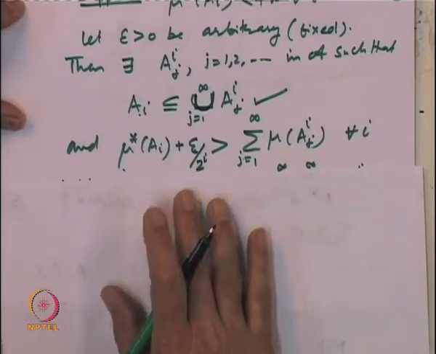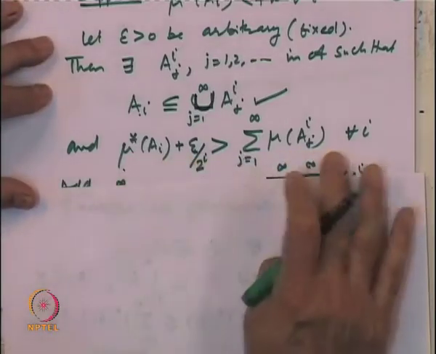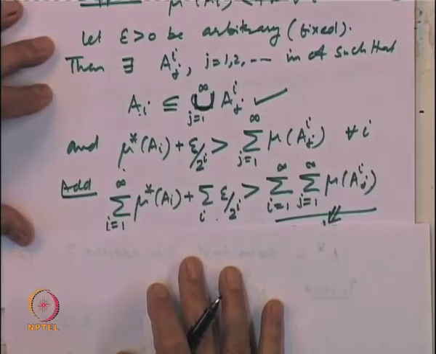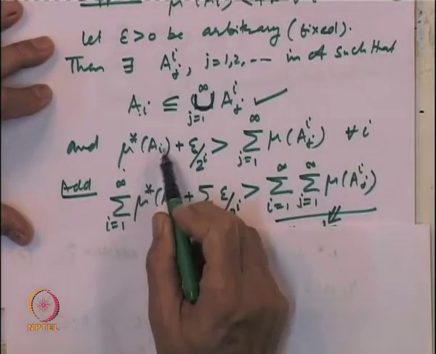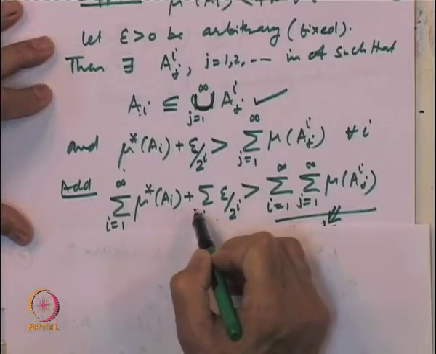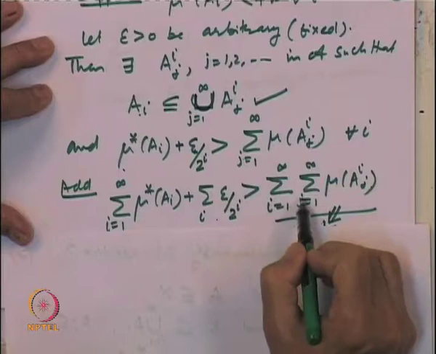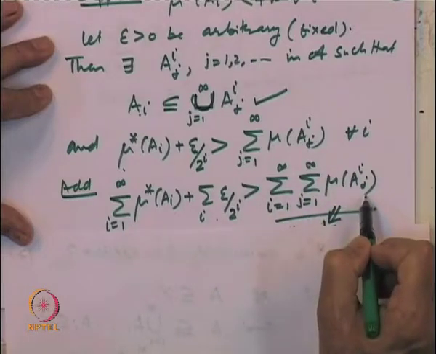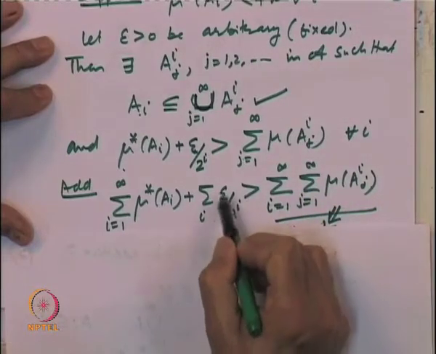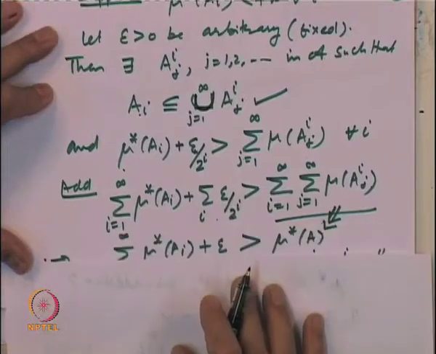So, once that is done, you add both sides. This is for every i, take the summation on both sides. So, summation mu star of A_i plus summation of this over i is bigger than summation of mu of A_ij. Now, this is a convergent series, its sum is equal to epsilon.